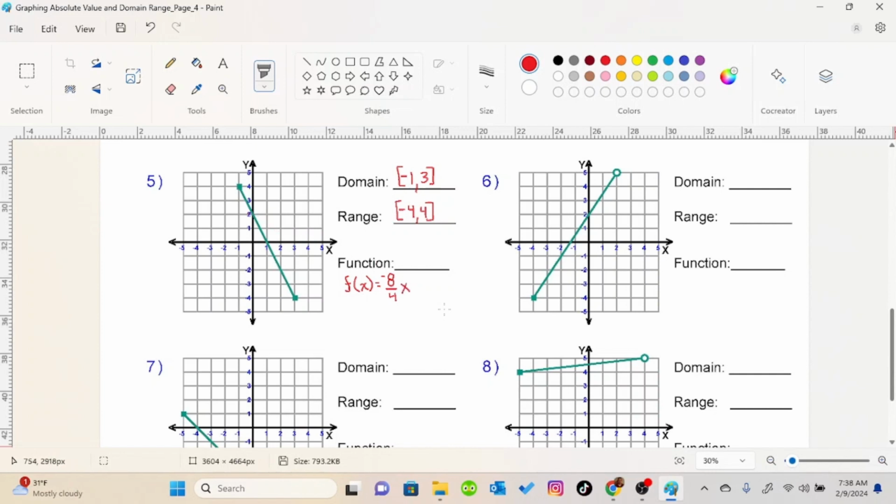We cross the y-axis at +2, so we add 2. We can simplify this because -8 divided by 4 is -2. So our function is f of x equals -2x plus 2.